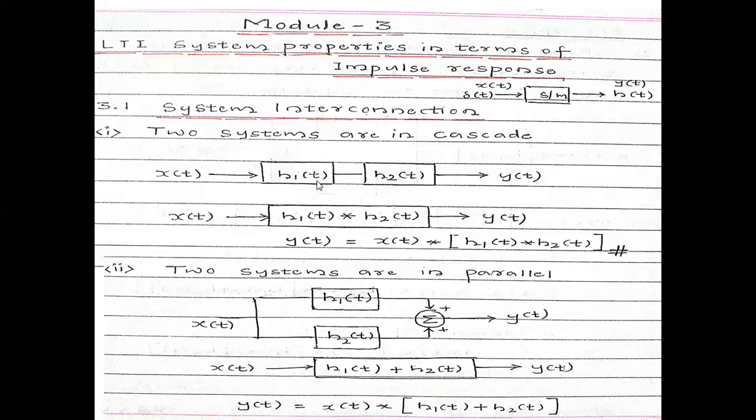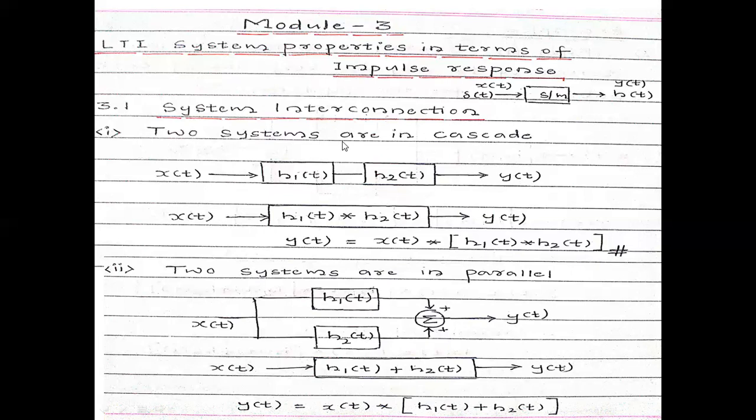So these two blocks represent the LTI systems having impulse responses. The first LTI system has impulse response h1 of t, and the second system has impulse response h2 of t, and both systems are connected in series or cascade with input x of t and output y of t.